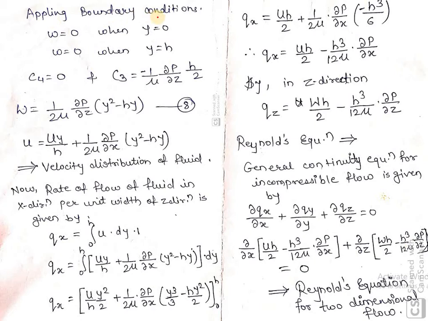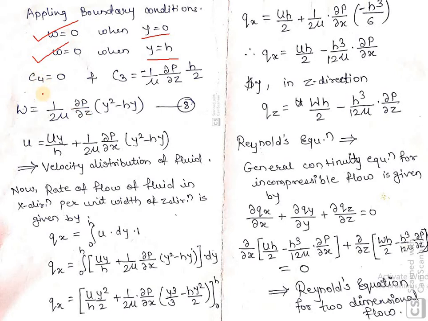So now applying boundary conditions, when your y is 0, velocity in the z direction will be 0. When your y equals h, velocity will again be 0, because the direction of motion is x, so the increase in velocity will be along the x direction.